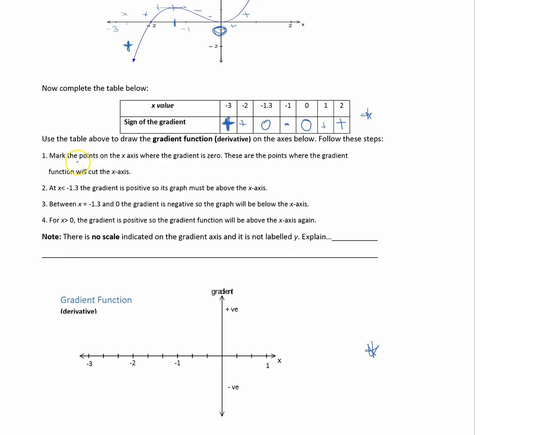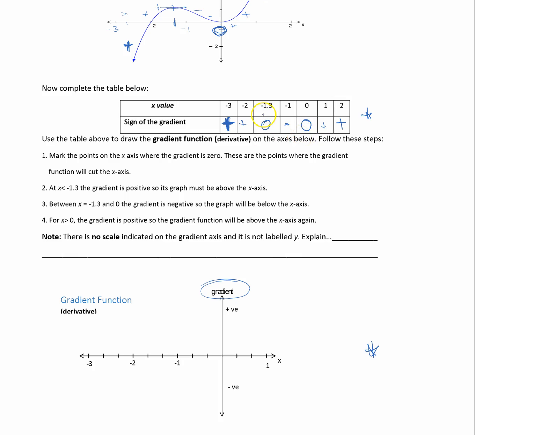The easiest points to plot are the points on the x-axis where the gradient is 0. So if we're drawing the gradient now, so this is measuring the gradient, and notice I haven't put any numbers on it because I actually don't know the exact size. I know that at times it has to be positive and at times it has to be negative. The easiest points to plot are the times when it has to be 0.